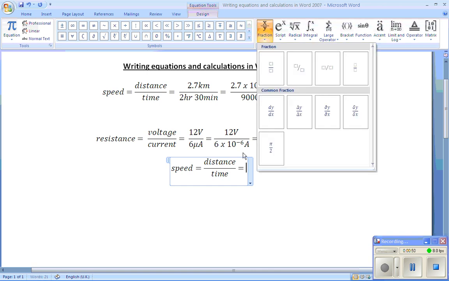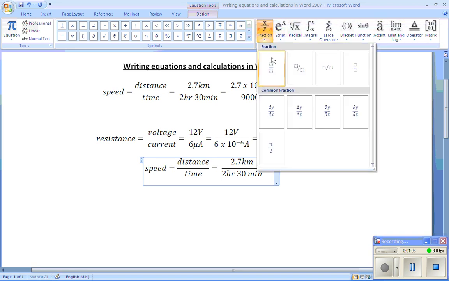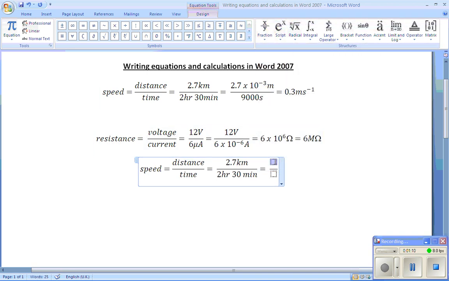Then we're going to need another fraction to put in the distances, 2.7 kilometers, and the time, 2 hour 30 min. And again, from there you can hopefully spot my deliberate mistake in the top equation now, because I've actually put the wrong version of the equation in there.